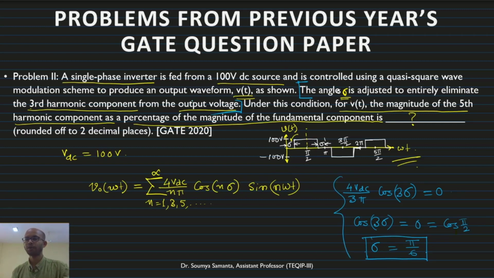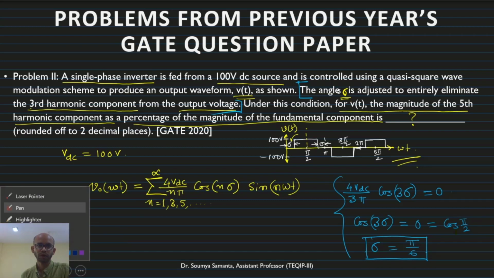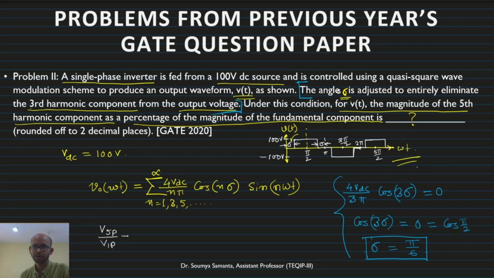Now once the third harmonic is eliminated, we have to find the ratio of the magnitude of the fifth harmonic component as a percentage of the magnitude of the fundamental component. So this is V5P by V1P.